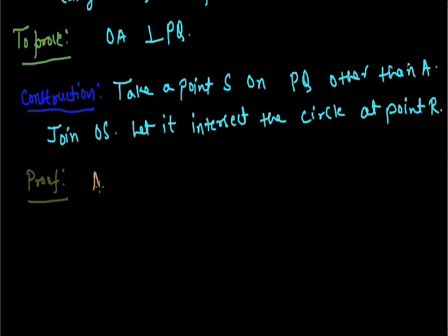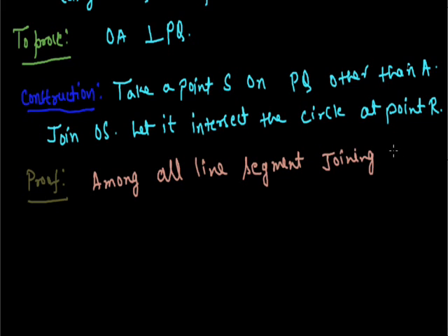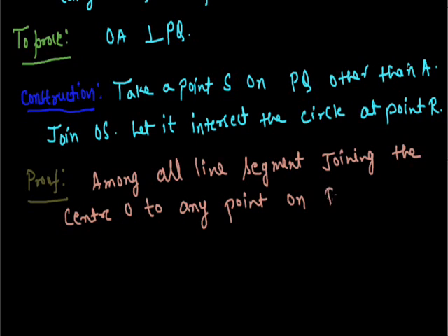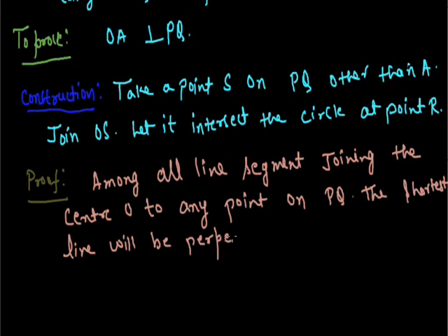Now proof. Among all line segments joining the center O to any point on PQ, the shortest line will be perpendicular to PQ.